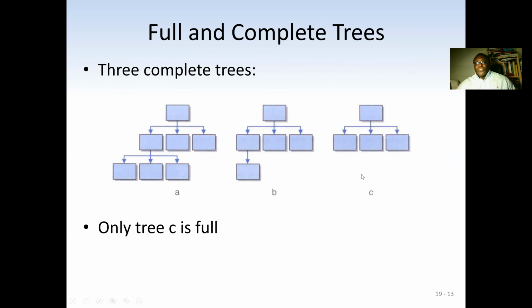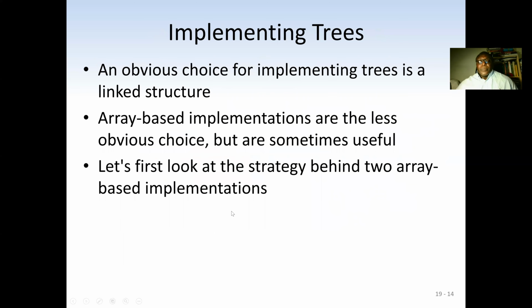But full trees are sometimes balanced, but all the leaves have to be in the same level. In a balanced tree, we say all the leaves have to be in the same level, or another option, one up.